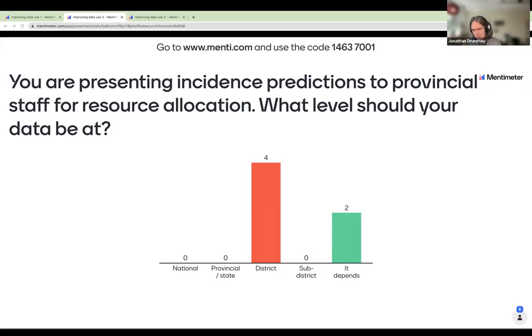So going to the district. And then on the it depends side is that maybe there's a whole lot of districts and there's just too many districts to do that. So we need to aggregate it up to something higher potentially, or too many sub-districts or so on, where we're thinking about who our audience is and what kind of aggregation works for them.